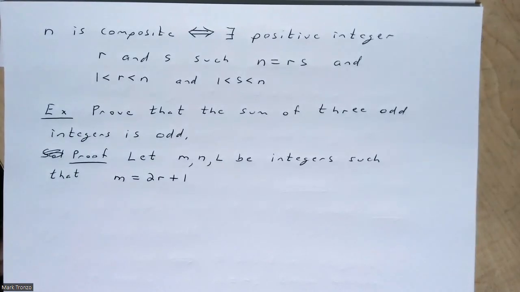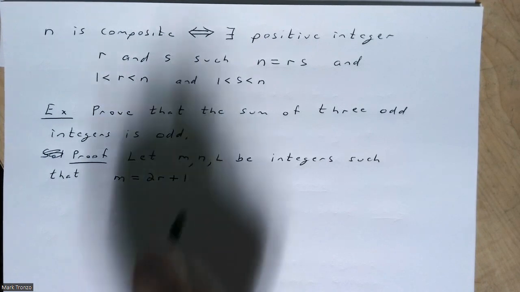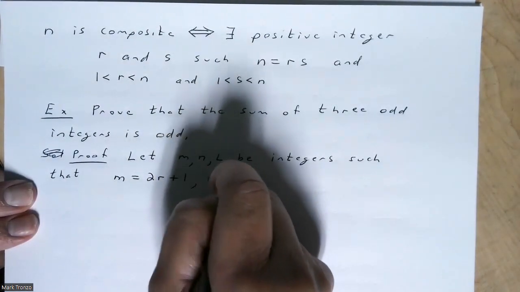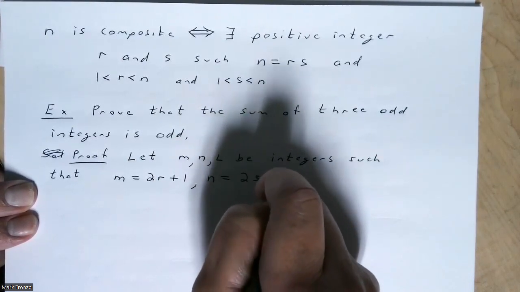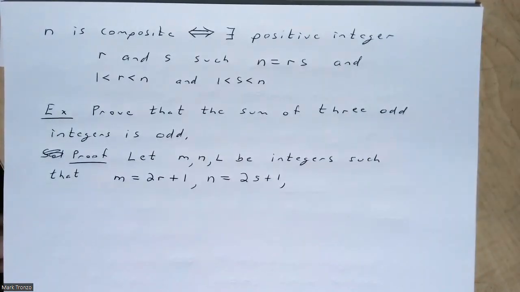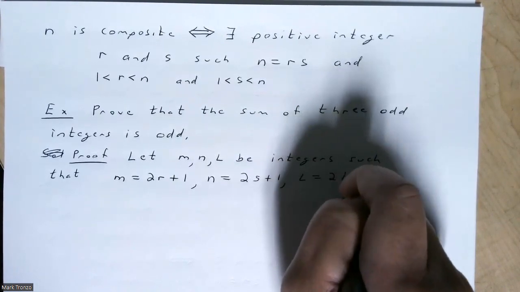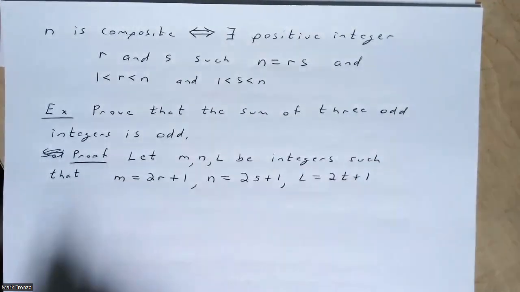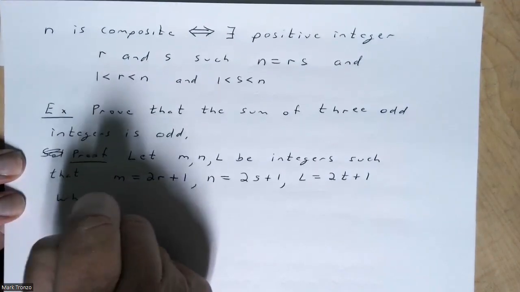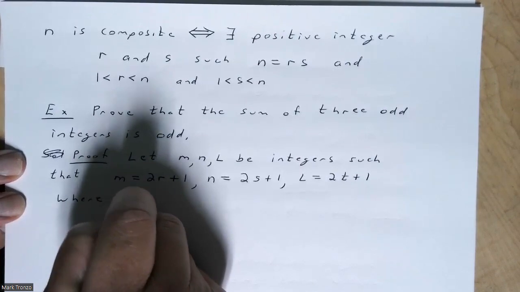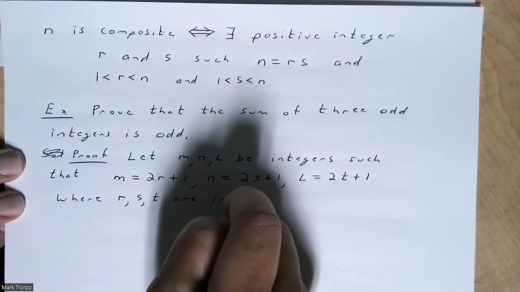Remember, that's the definition of an odd integer. It has to be of the form 2 times an integer plus 1. And we'll do the same thing with N, and we'll use maybe a different one here, 2S plus 1. And then L, let me call that maybe 2T plus 1, where R, S, and T are integers.